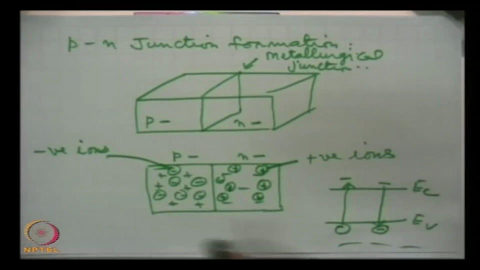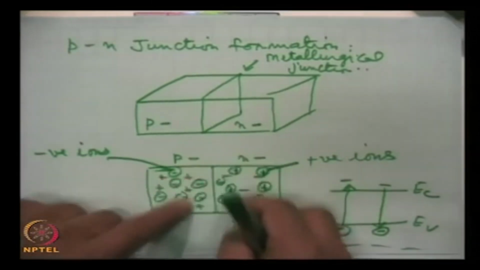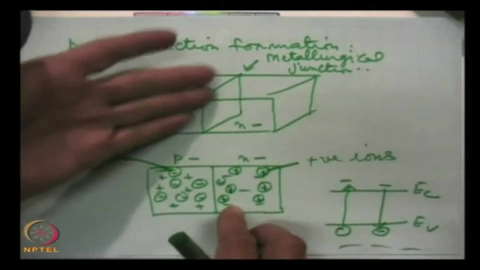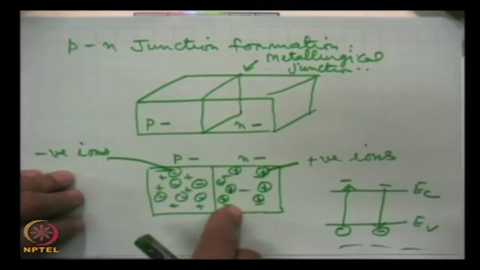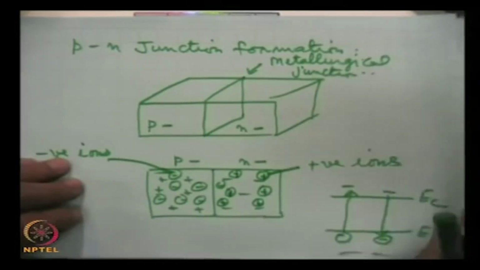Therefore, due to this diffusion, a region will be created on both sides of this artificially imagined metallurgical junction, and that region will be devoid of mobile charge carriers. The situation can be illustrated like this.